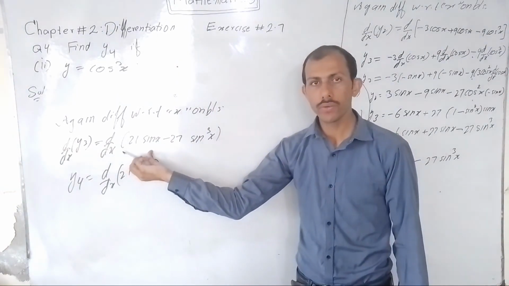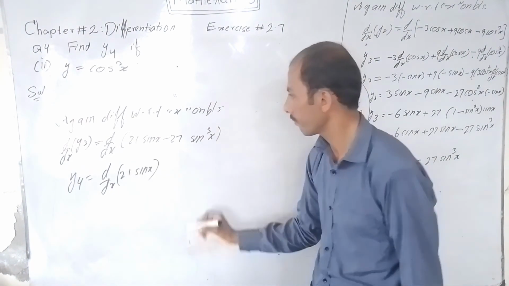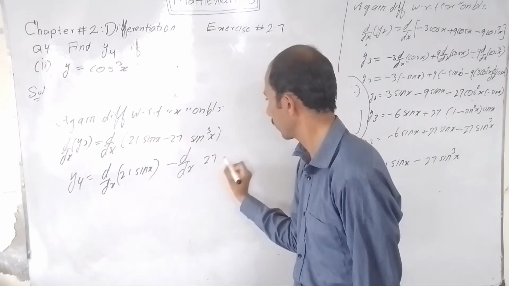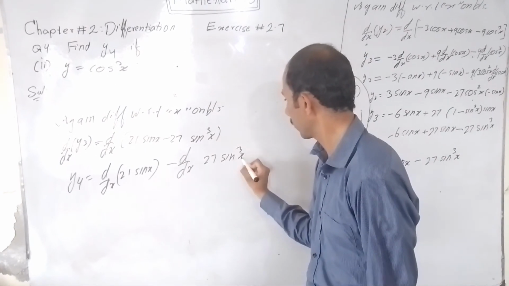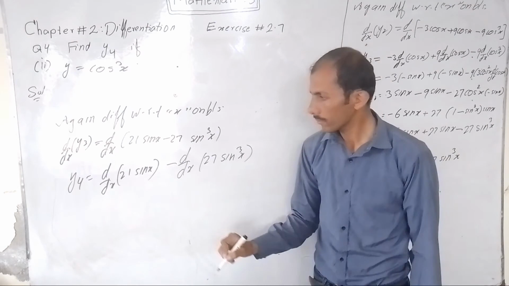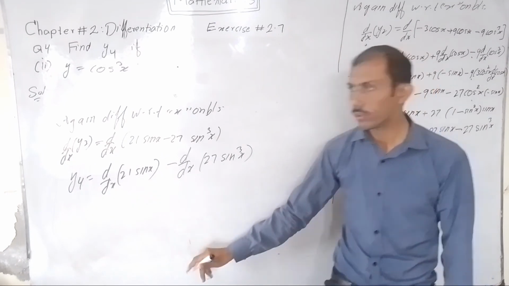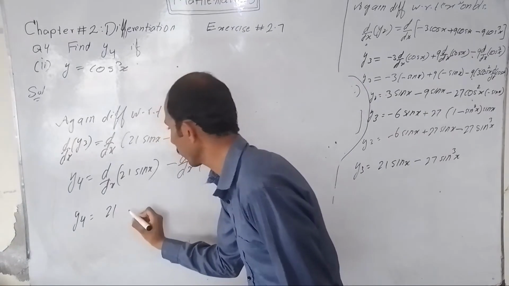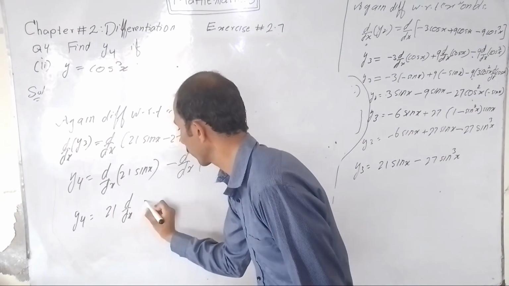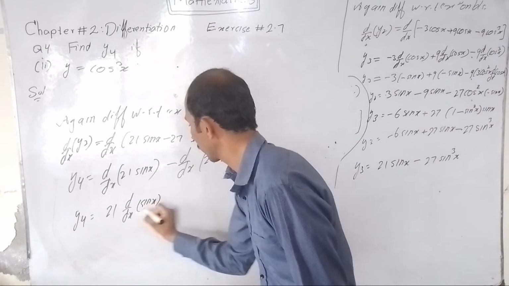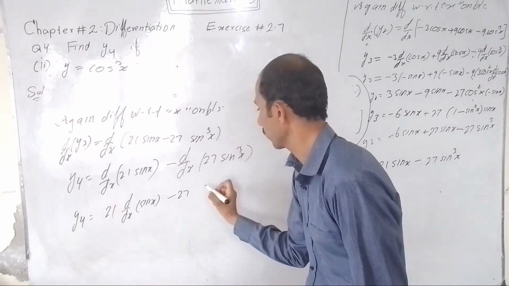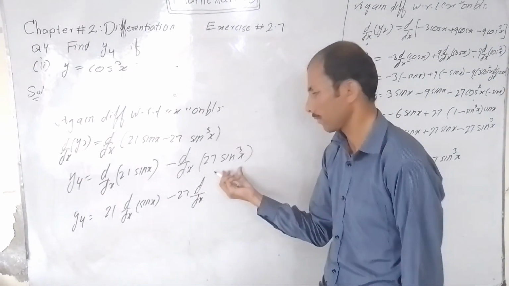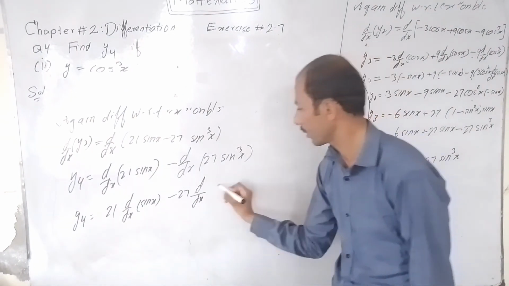Further differentiate: the derivative of 21 sin x minus 27 sin cube x. So y4 is equal to 21 times the derivative of sin x, minus 27 times the derivative of sin cube x.